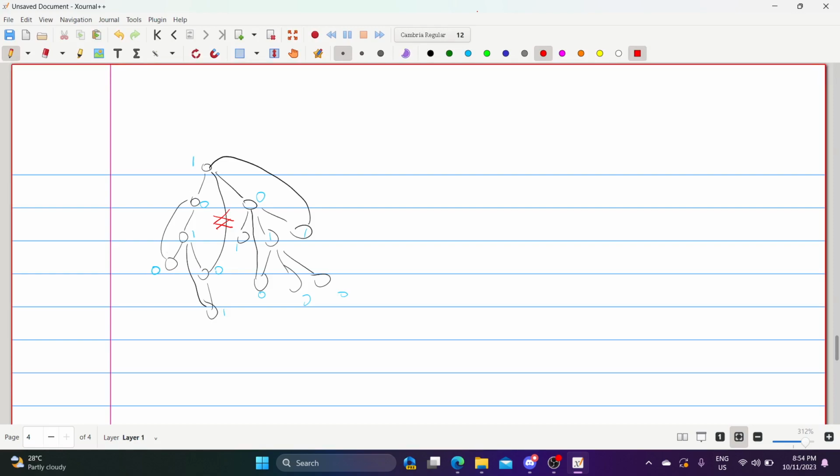So if after you do the DFS tree there's only one bad back edge, which means that both endpoints are the same color, then we can just remove the back edge and the problem is solved.